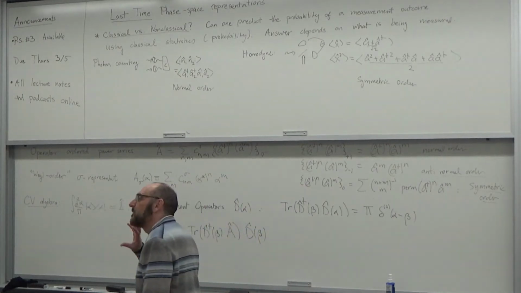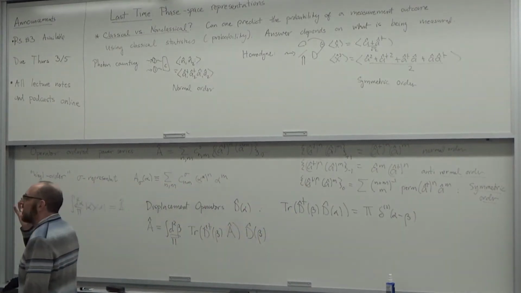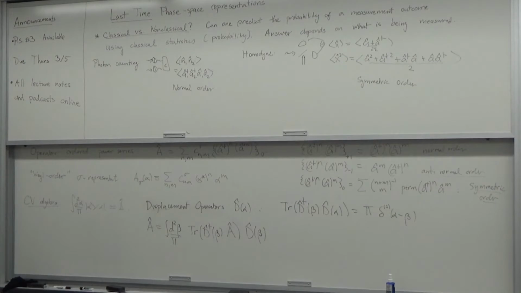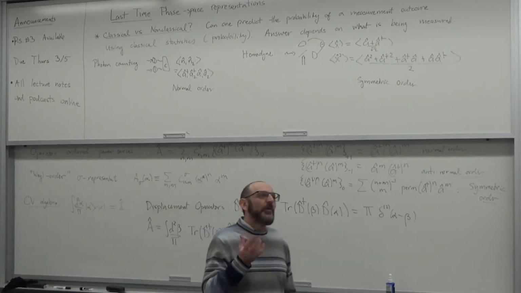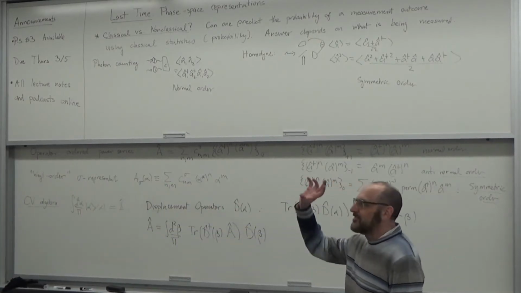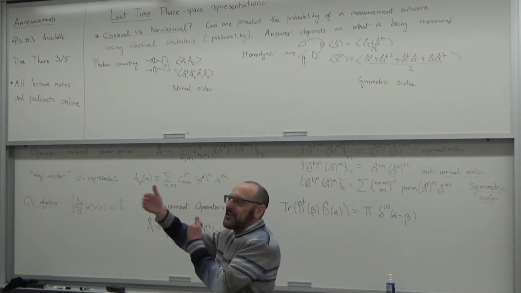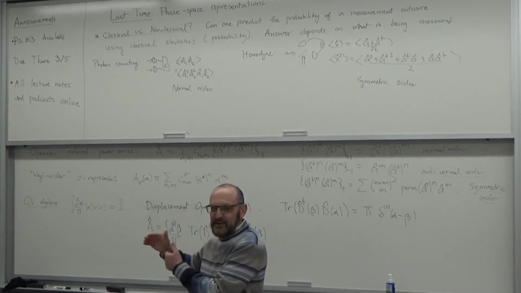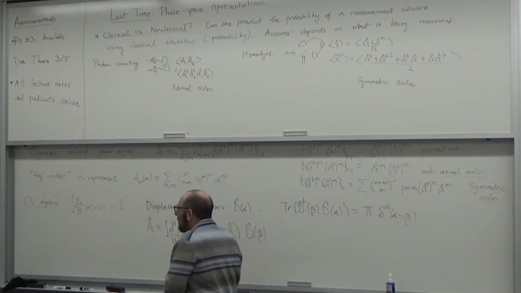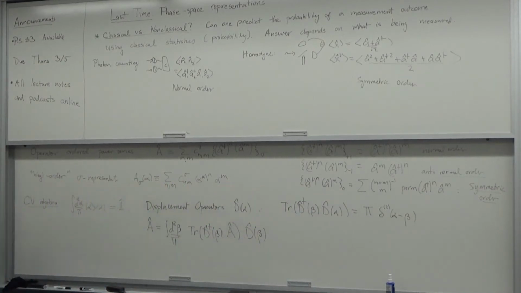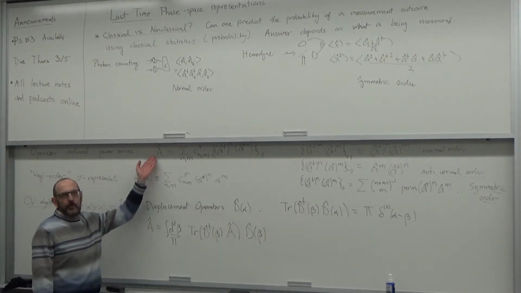Okay? So because of the fact that X and P don't commute, or equivalently A and A dagger don't commute, how we write down a representation depends on what order we put X versus P, or A versus A dagger.